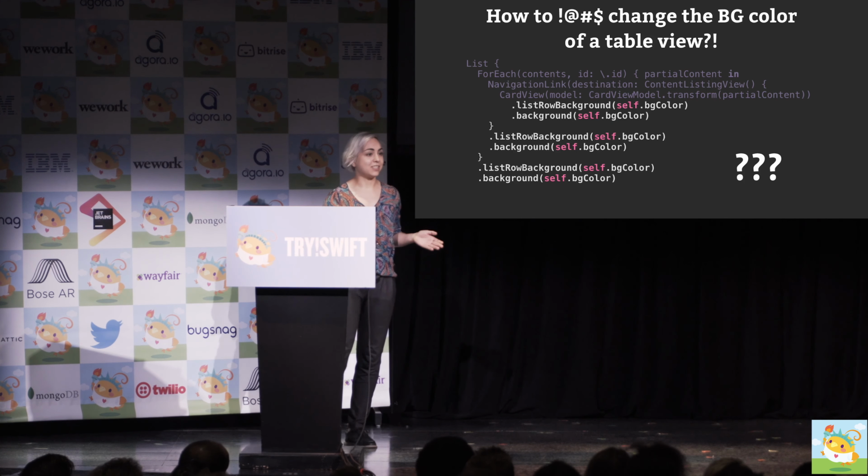We share the state with checkbox by marking its isOn property with @Binding. So now whenever either of the views mutates the property, they both get re-rendered. Cool. SwiftUI makes it really easy for a parent and child to communicate between each other.